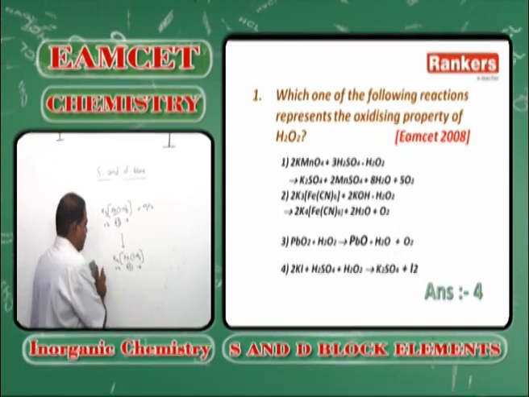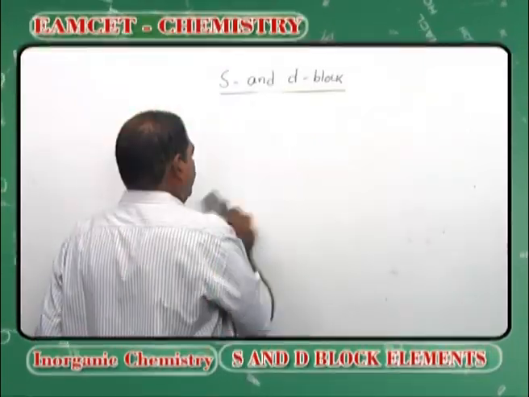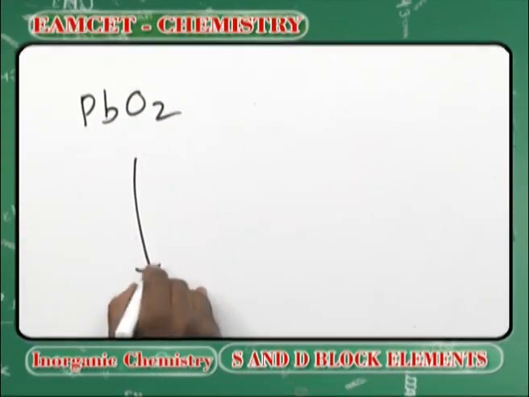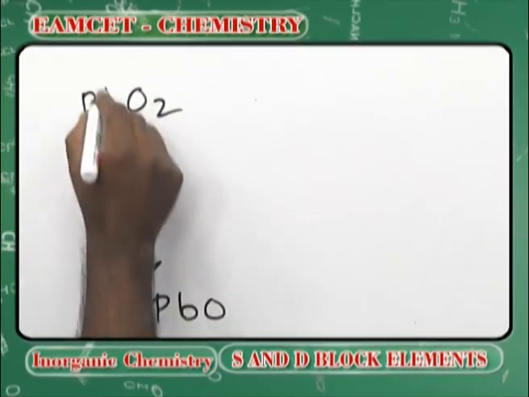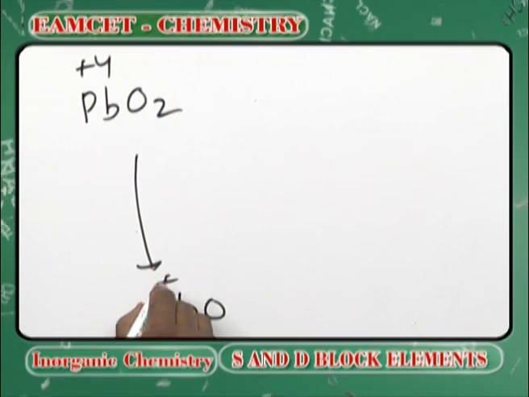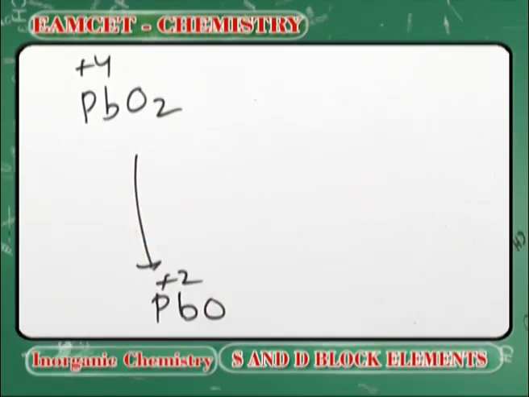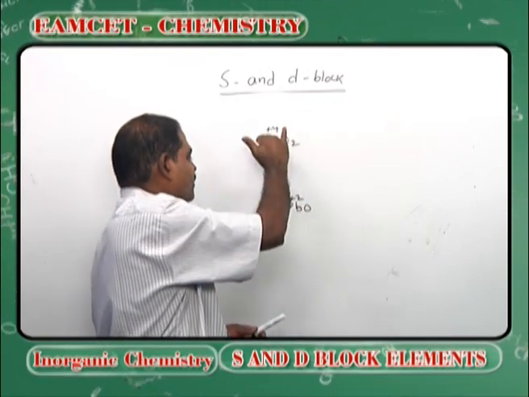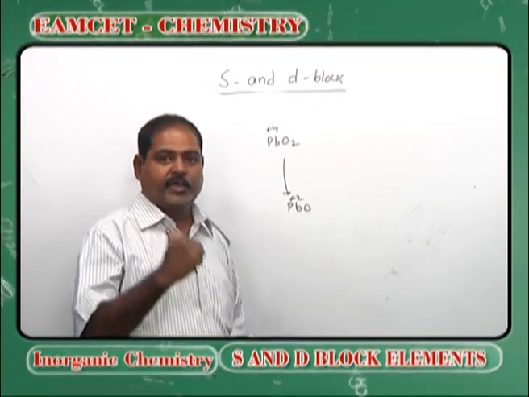And then PbO2 to PbO. What is happening? Plus 4 to plus 2. Once again H2O2 is reducing the oxidation state of lead. So, H2O2 acting as a reducing agent.